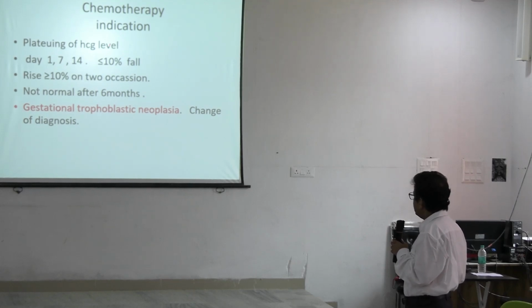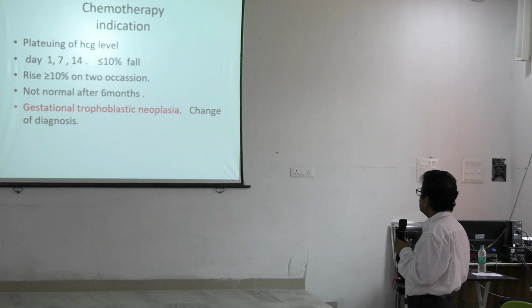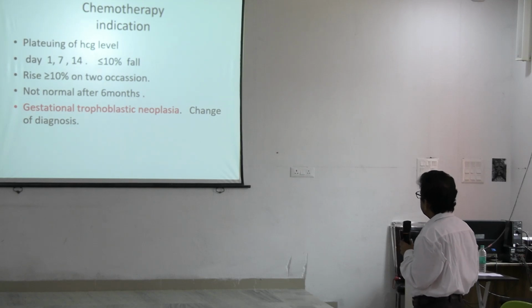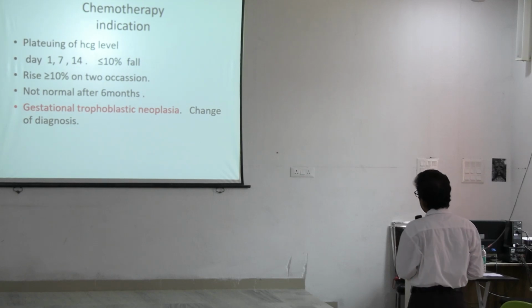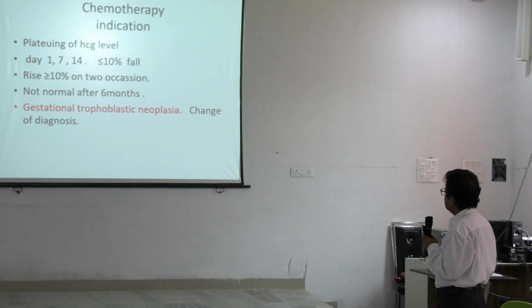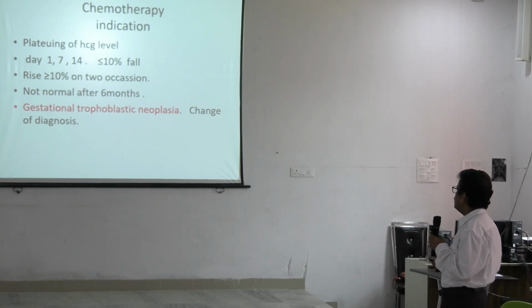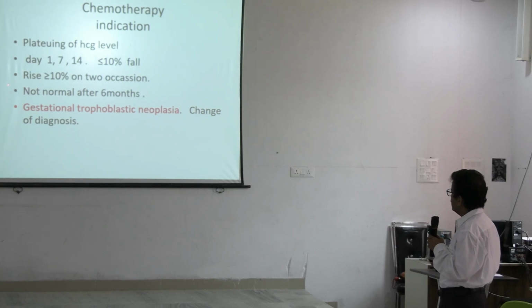And if there is less than a 10% fall on subsequent estimations of beta hCG, that means it is plateauing. These are the two indications for starting chemotherapy or drugs to reduce the beta hCG level. Or also if there is failure to normalize after 6 months.